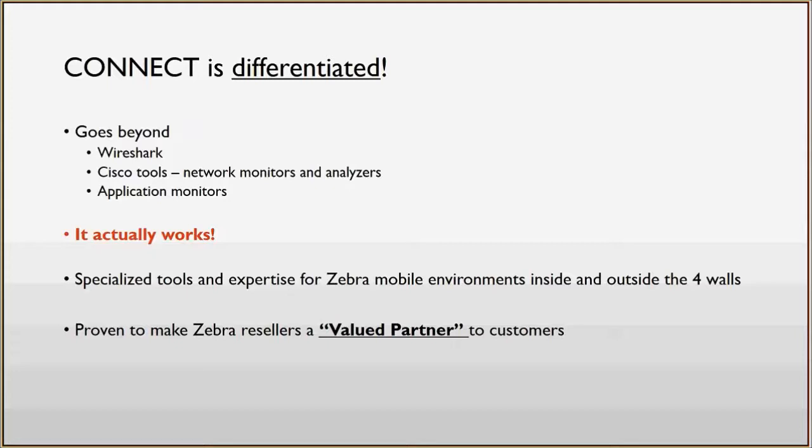So the Zebra reseller suggested Connect software and our diagnostic support, and the root cause was isolated in days. And guess what else, Mark? It wasn't the network, was it? Right again. Yeah, it came down to the browser behavior, so some configurations and other issues, and the only way they could have determined that with any certainty whatsoever is with the type of visibility our mobile diagnostic tool provides.